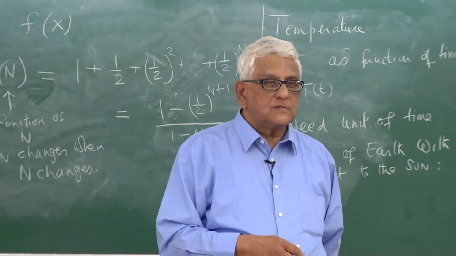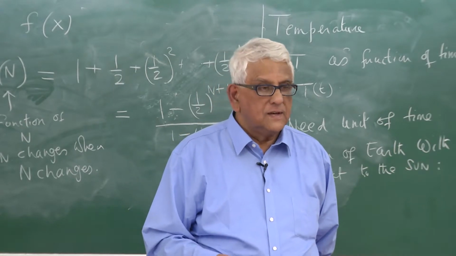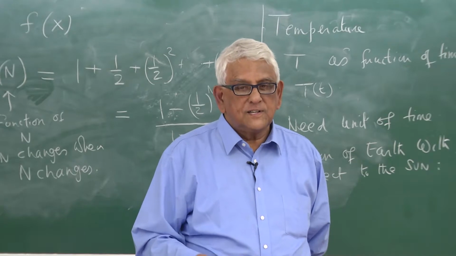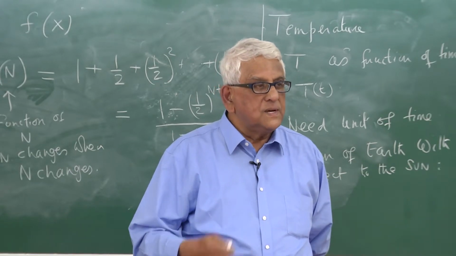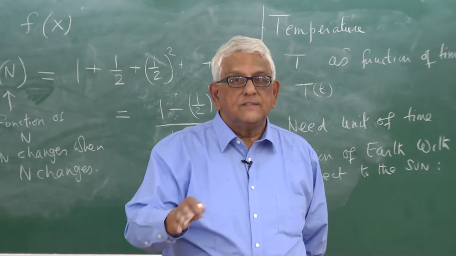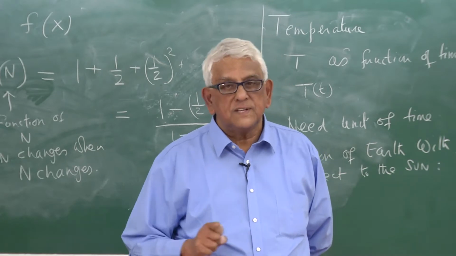The US use a system of units like feet and yards and miles. The rest, most of the world has converted to centimeters and meters and so on, and grams, right? So there are different systems of units, so you must know how to convert from one unit to the other.